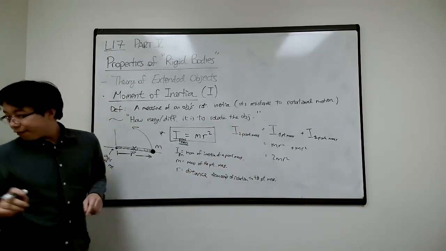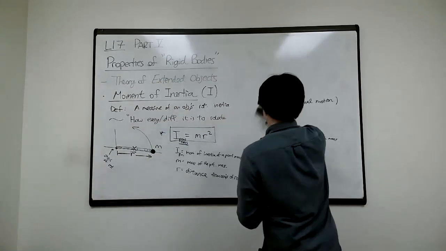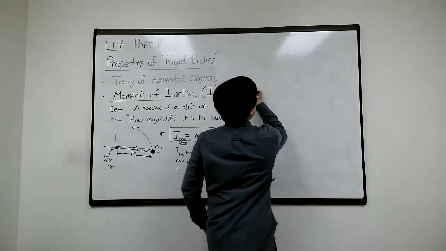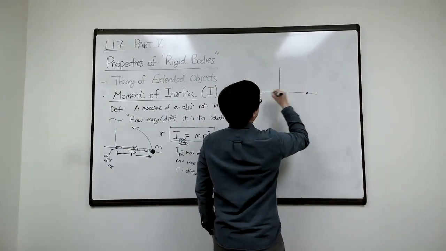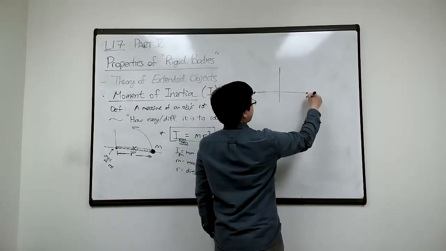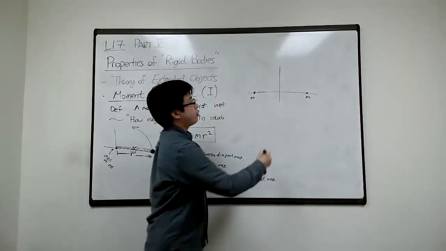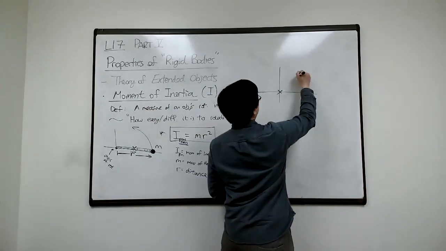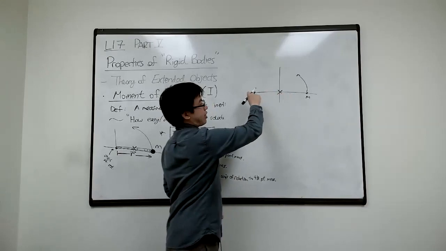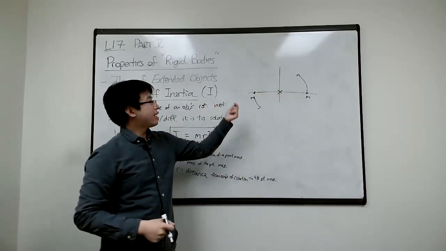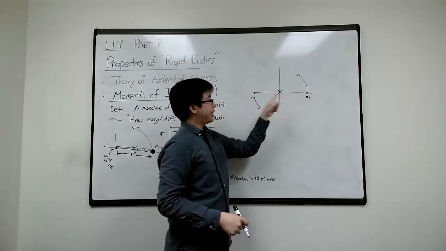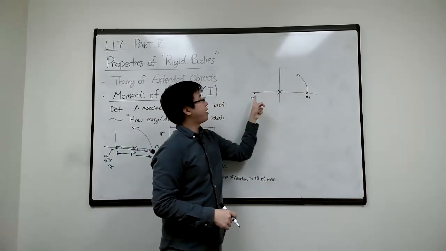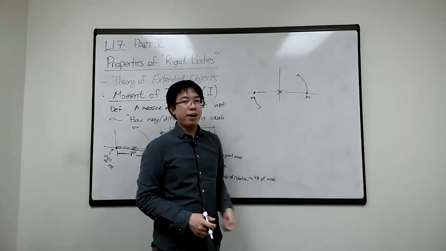So if you have two point masses located over here, and this is m and this is m, how hard is it to rotate about the axis over here? If I want to rotate both of them at the same time, imagine it's connected by a very light rod, very light compared to these two. These two are very heavy, so all the moment of inertia is from the point masses.